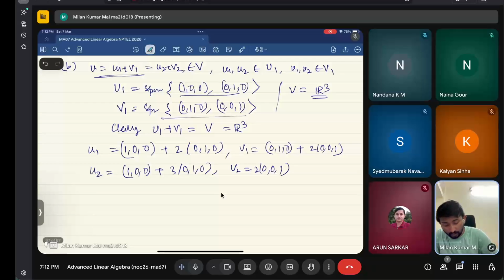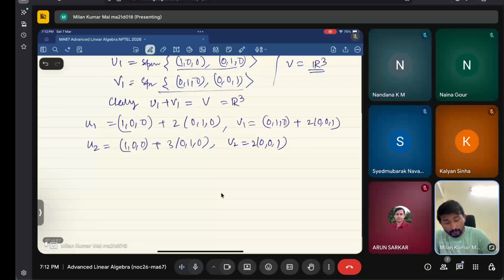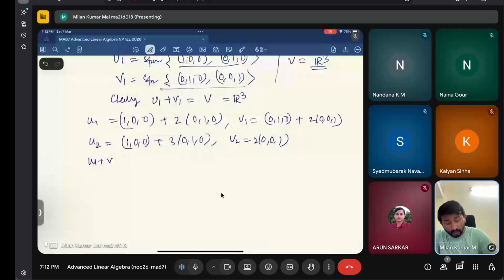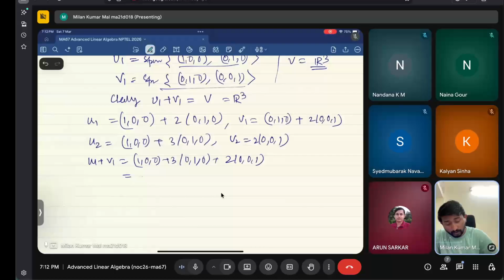So clearly u1 plus v1, which equals (1,0,0) plus 3(0,1,0) plus 2(0,0,1), is the same as u2 plus v2.